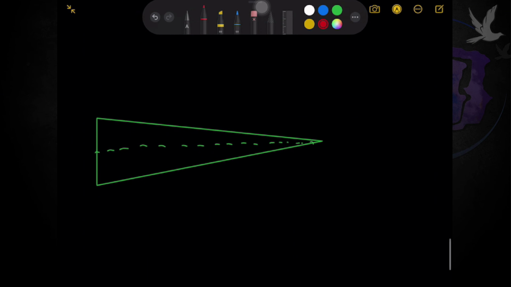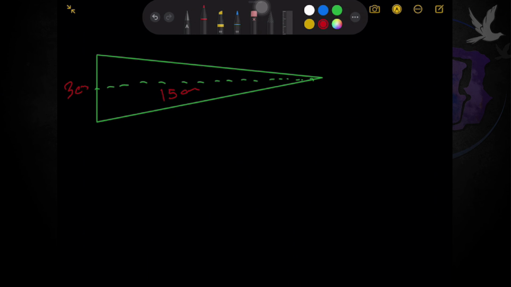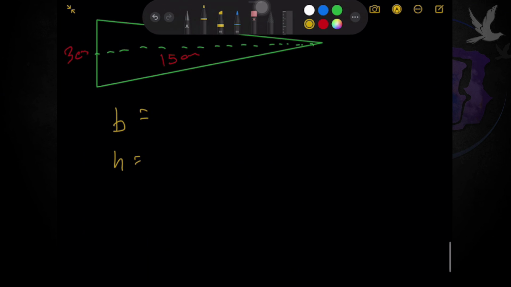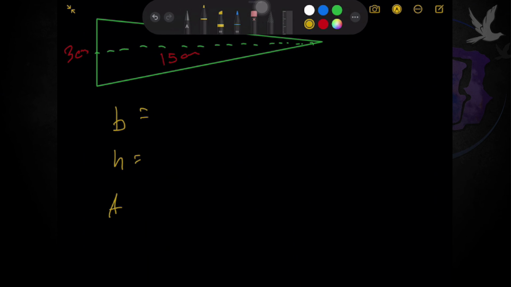Okay, your base, let's say, is equivalent to 3 centimeters and your height is roughly around 15 centimeters. Let's go straight to it. Again, very important for you to identify your base and your height, then you'll be able to solve for the area of that triangle.